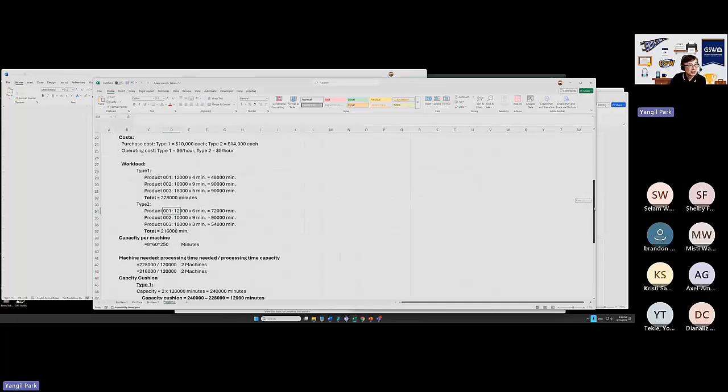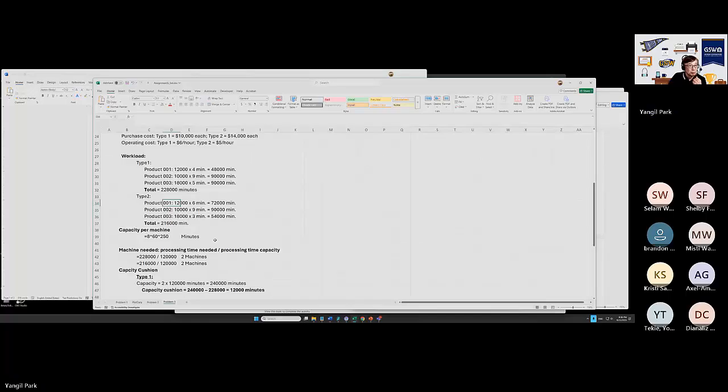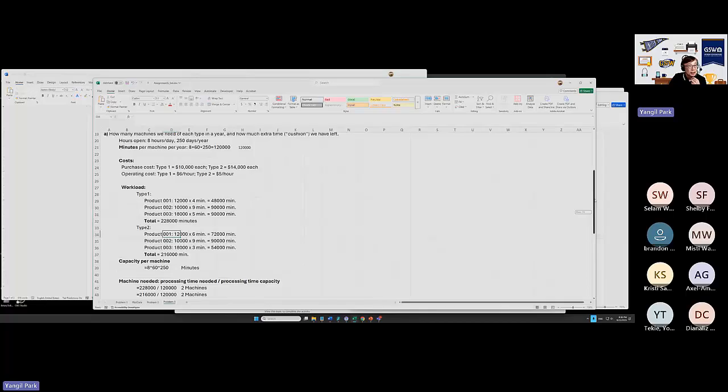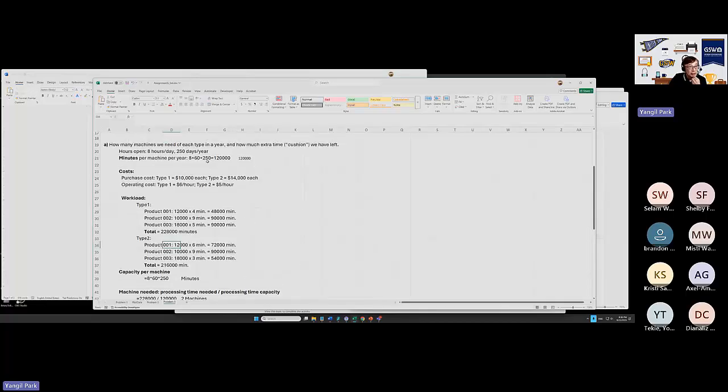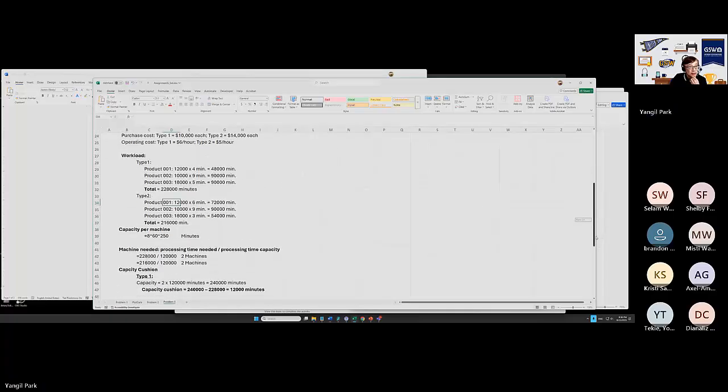So capacity for a machine, we just calculated that in terms of minutes, which is 120,000 minutes. Then you divide the total workload for type 1. So how many machines are you going to need, because that's what we need to complete.